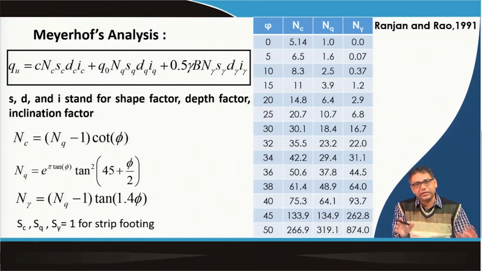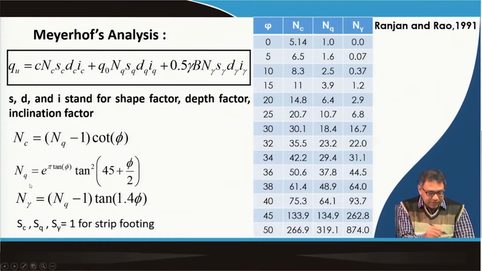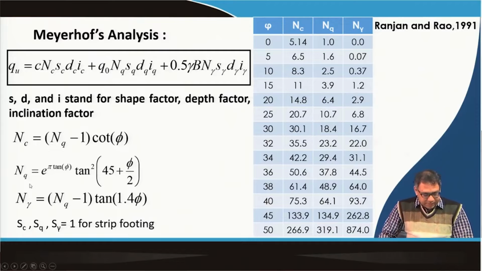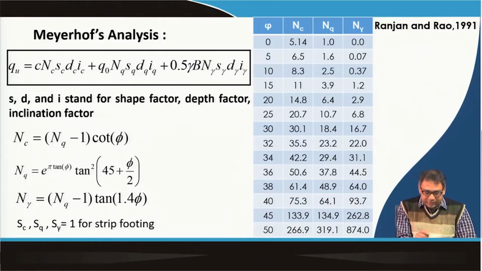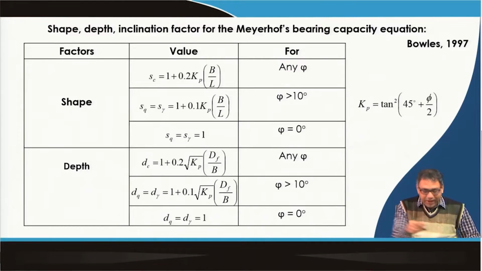These factors come from this equation, and obviously these equations were originally developed for strip footing. So for strip footing, all the shape factors are 0. This is the bearing capacity equation for Meyerhof, and these factors can be calculated from this table.